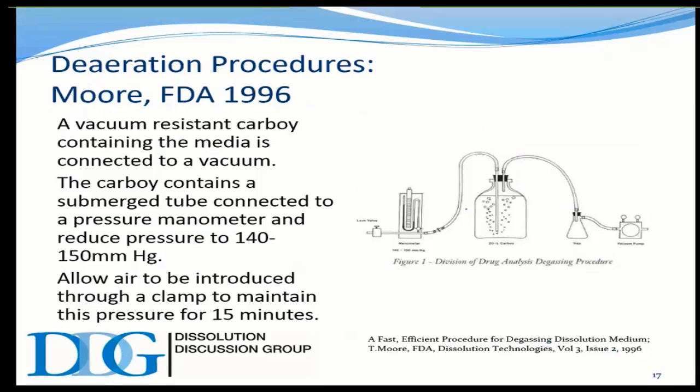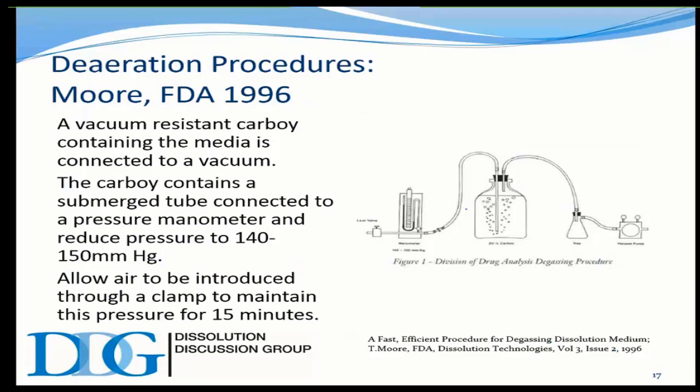There was a paper published by Terry Moore. Terry's retired from the FDA now, but this gentleman was an authority on dissolution, and he had a very interesting procedure that the Division of Pharmaceutical Analysis at FDA had used for many, many years. And it almost seems like, how can you get rid of air by having air flow into something?